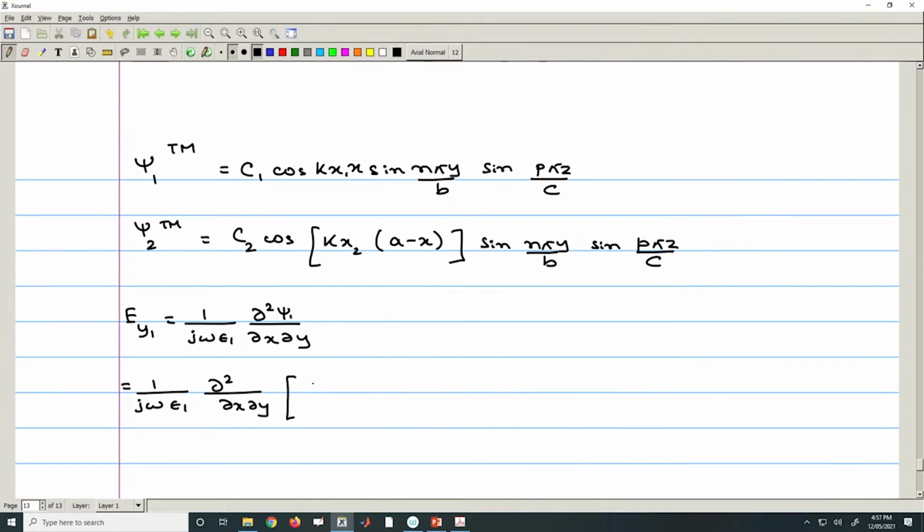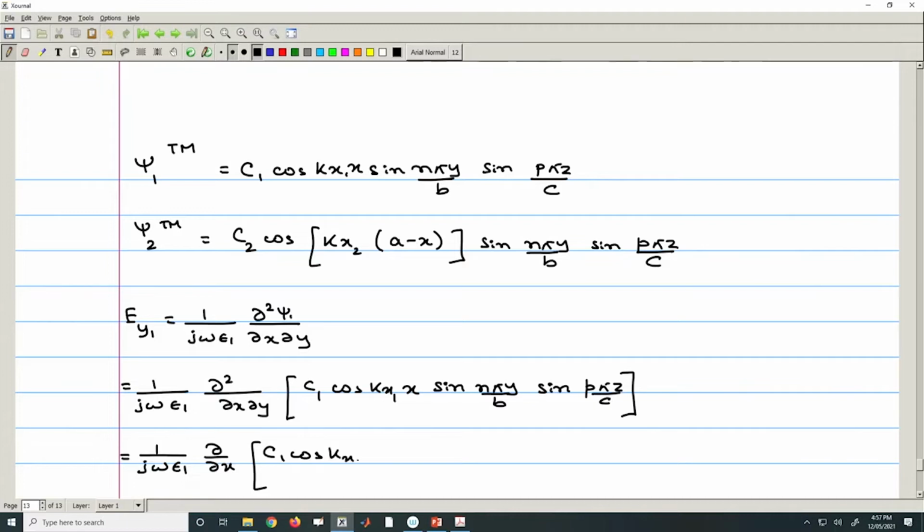In place of psi 1 we will write C1 cos of kx1 x sin n pi y by b sin p pi z by c, which gives us 1 upon j omega epsilon 1 del by del x of, at first differentiating with respect to y: C1 cos of kx1 x, and sin n pi y by b becomes cos n pi y by b multiplied by n pi by b, and then sin of p pi z upon c.